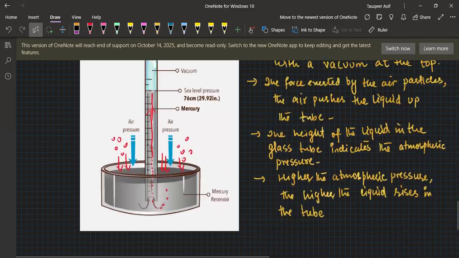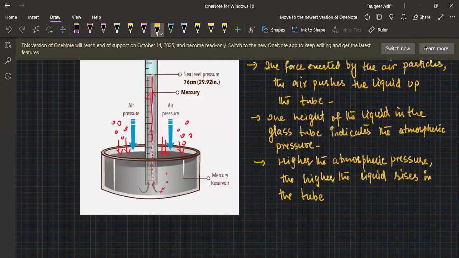So another unit of pressure is ATM, that is atmospheric pressure.